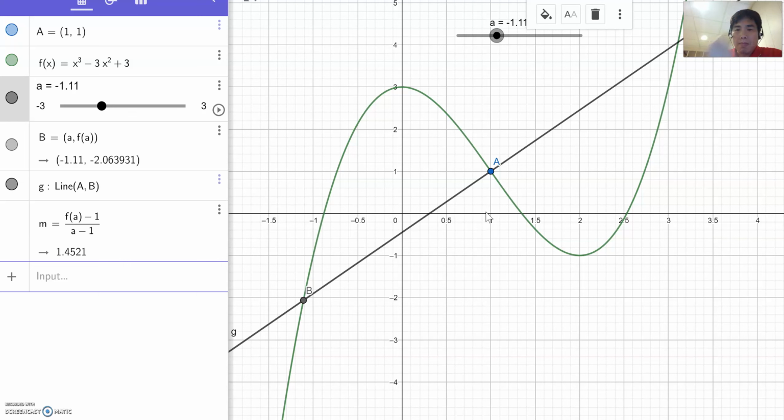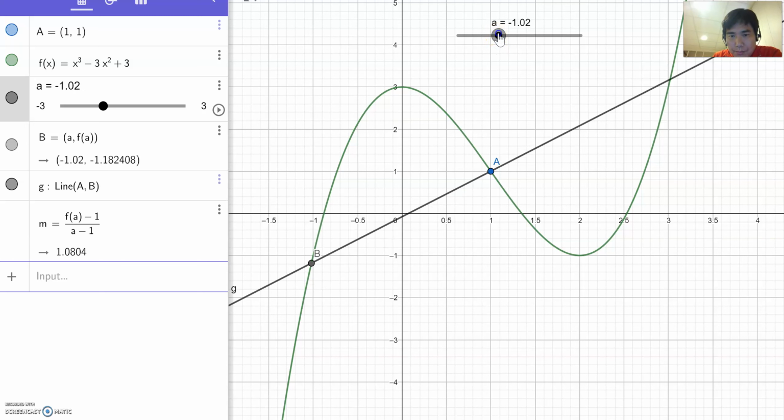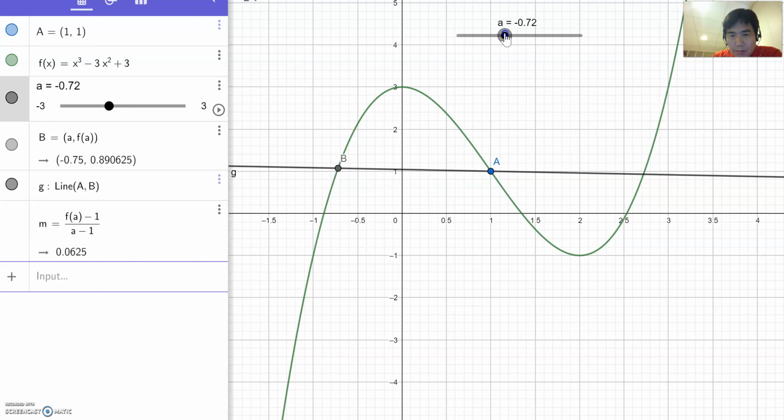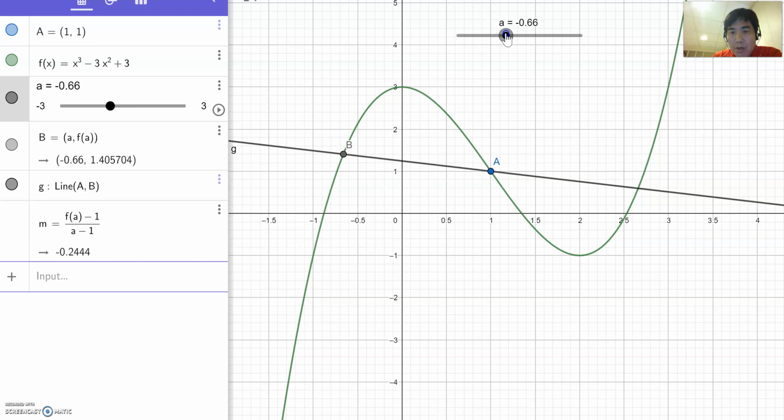Now I also set up the slope value here. Because this is a secant line, secant line means whenever we have any function, we want to find the slope of any 2 points, right? So far it is really obvious.